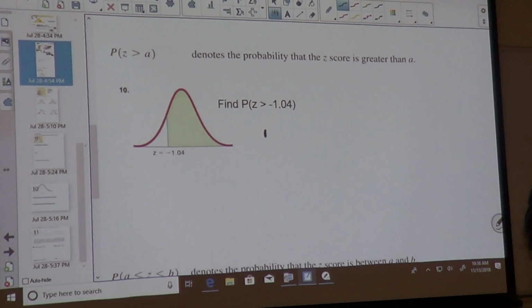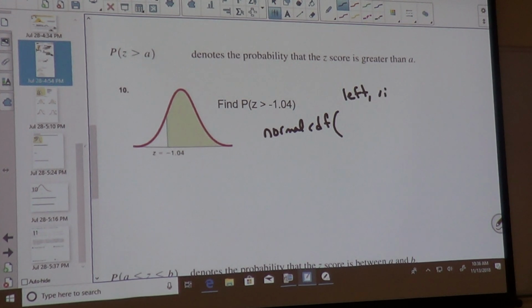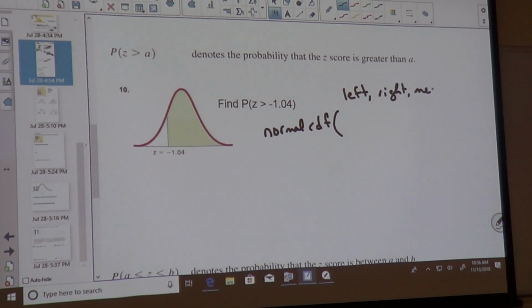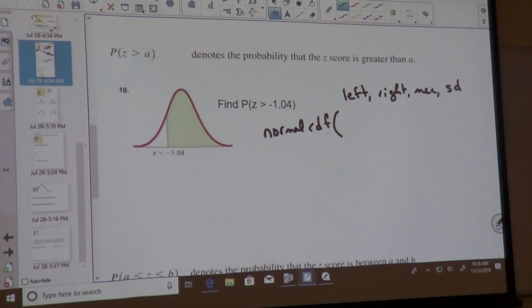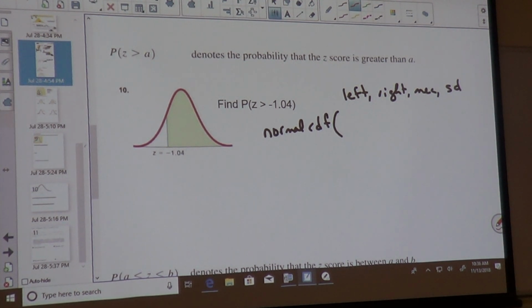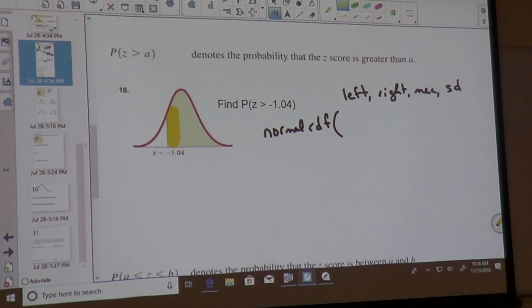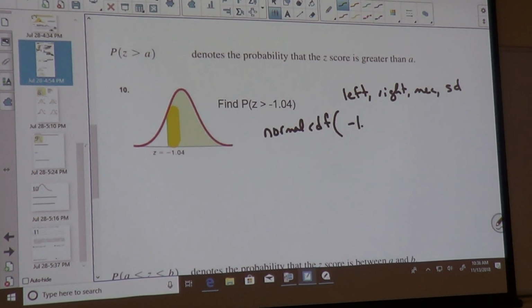I'm going to do normal CDF. I'm going to do the left, the right, the mean, and the standard deviation. So what do you think my left is going to be? Where did I start shading on the left? Negative 1.04. Where did I stop shading on the right?